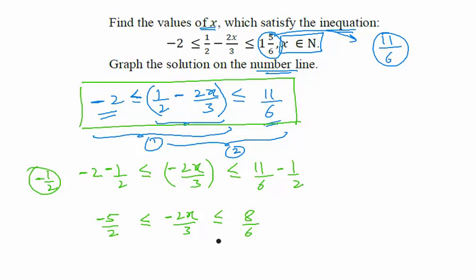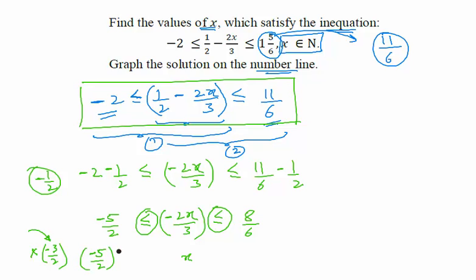Right? Now further, since I have to find the range of x, if I multiply by minus 3 by 2, I should get x in between, correct? But if you are multiplying by a negative quantity, you should remember that the sign of inequalities is changed, right? So let us see what will happen to the calculations. Minus 5 by 2 was already there.